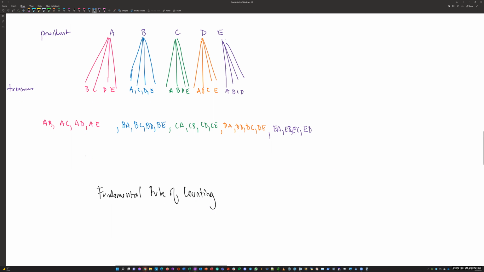So the way I try to do this is represented in terms of these slots. The slot represents how many ways you can do it. So this is asking how many ways can I pick a president? And then this is asking how many ways can I pick a treasurer, given a president was chosen.